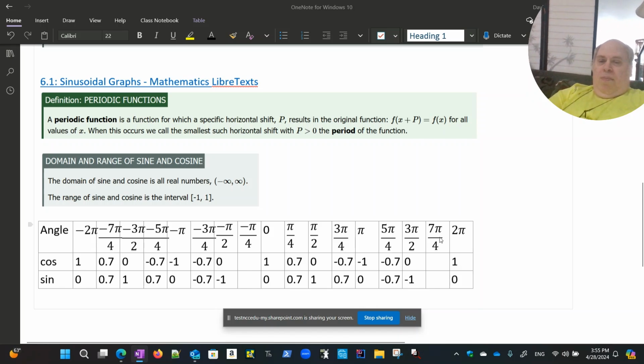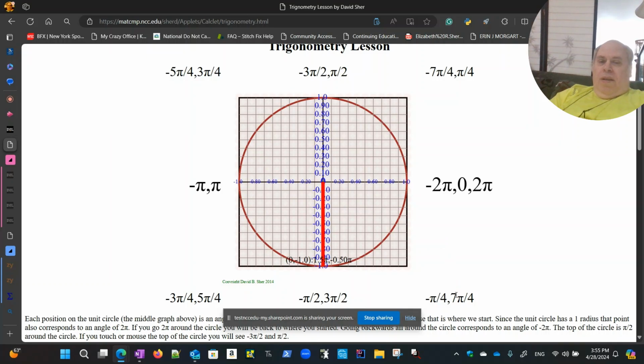And we only have one more of these to fill in, which is here. Either from minus 2 quarters to minus 1 quarter of a pi, or 6 quarters of a pi to 7 quarters of a pi. The cosine is positive now because we're on the right side of the graph, but the sine is negative.